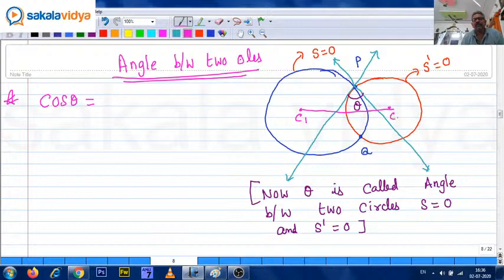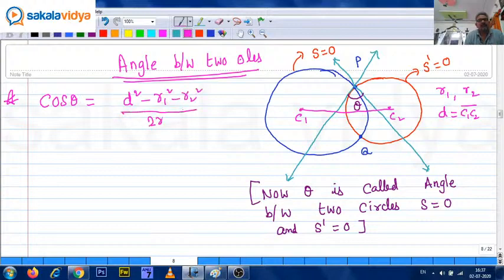C1 is the center. Radius of the first circle R1, radius of the second circle R2. Now D is equal to C1C2. Now cos theta is given by D square minus R1 square minus R2 square to R1 R2.